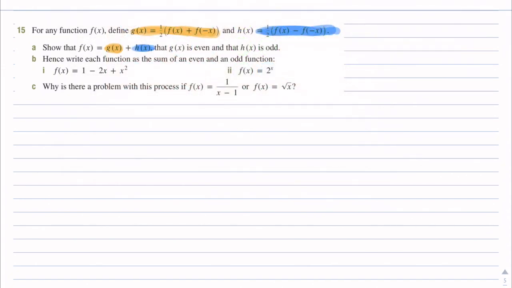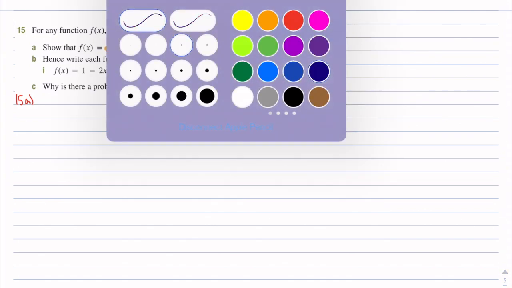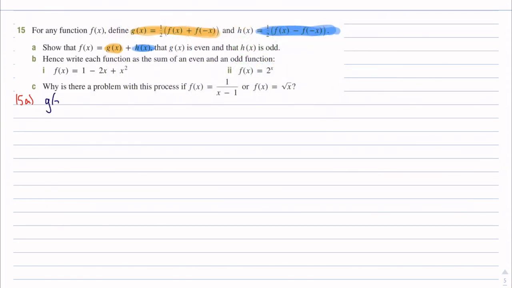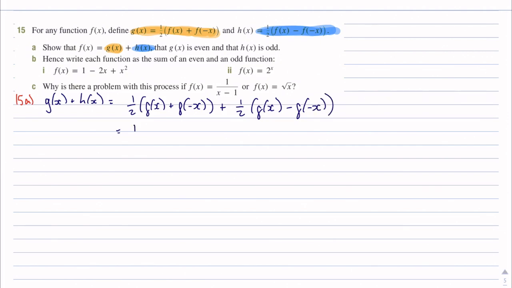So for 15a, let's try it. g of x plus h of x is the same as a half f of x plus f of minus x, plus a half f of x take f of minus x, which gives me half f of x plus half f of minus x plus half f of x take half f of minus x.